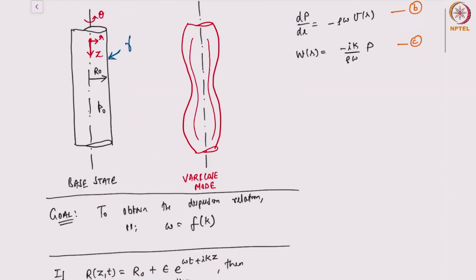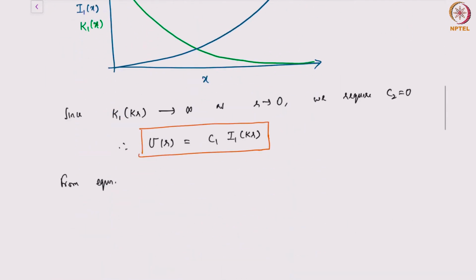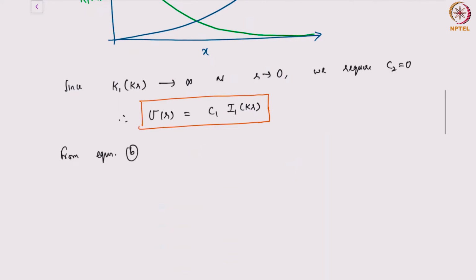We want the equation B. If you see this equation, the pressure gradient is related to the radial velocity. From equation B, we know dP by dr is minus rho omega capital U of R. This is nothing but minus rho omega C1 I1 of KR.